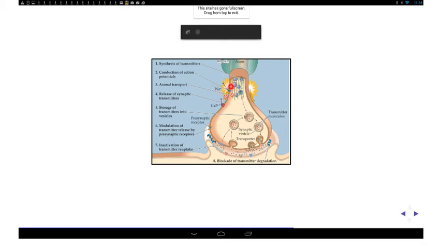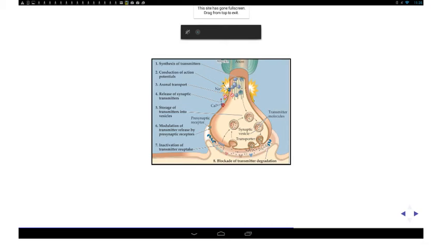For example, you might have tetrodotoxin or brachitoxin, which block action potentials from traveling down to the axon terminal and performing the action potential. So if you have tetrodotoxin, it's going to prevent the action potential from traveling, and then the neurotransmitter doesn't get released. There are also drugs that affect the synthesis of neurotransmitters.